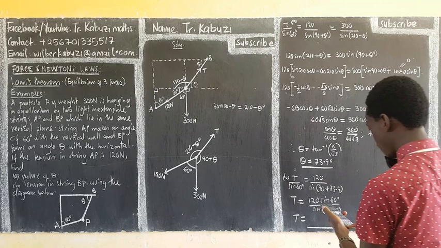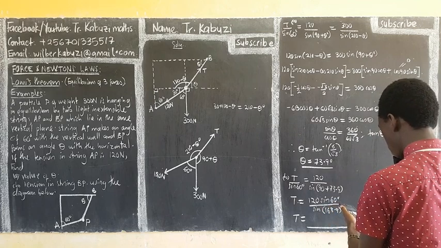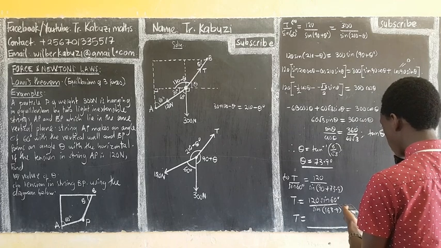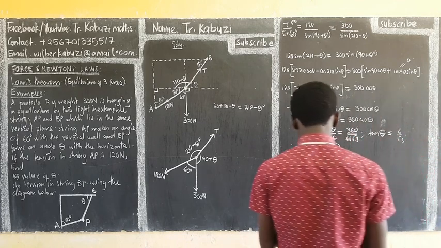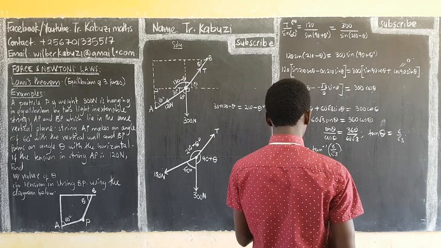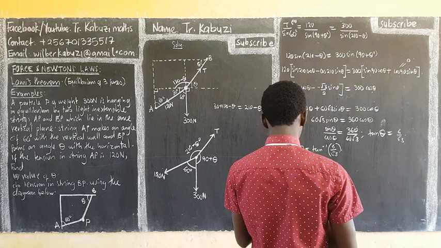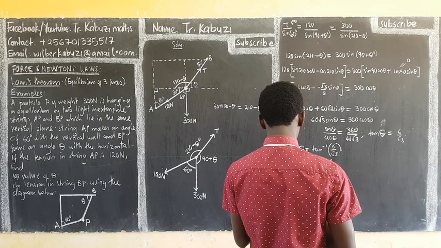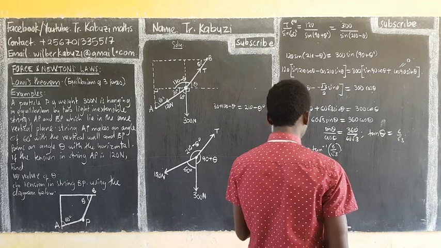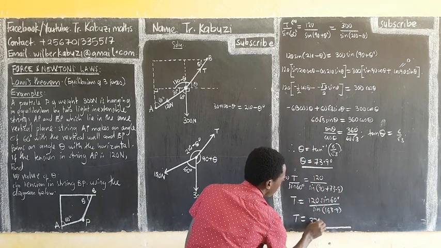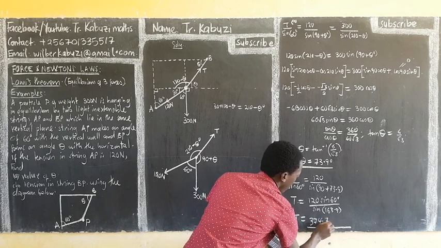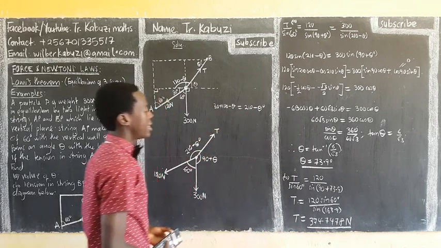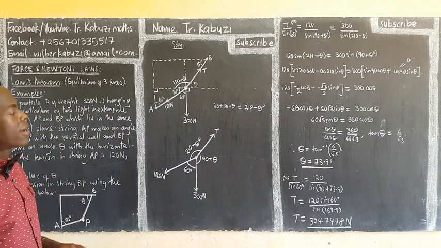We give our T to 4 decimal places. I'm getting 374.7478 newtons. So that's how we get that, and that's how we can handle that number.